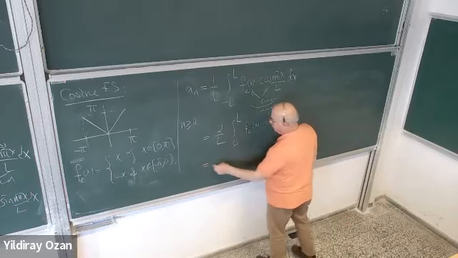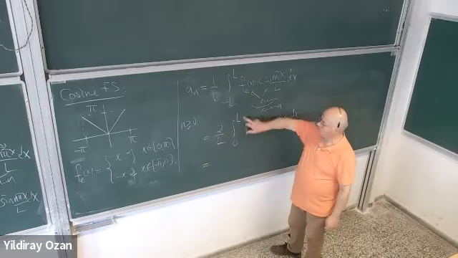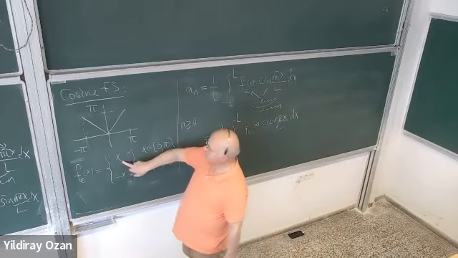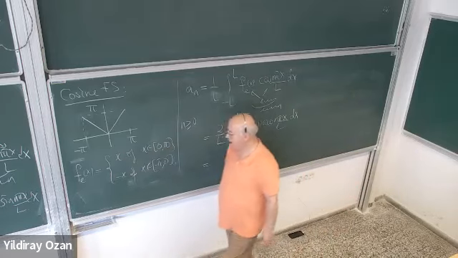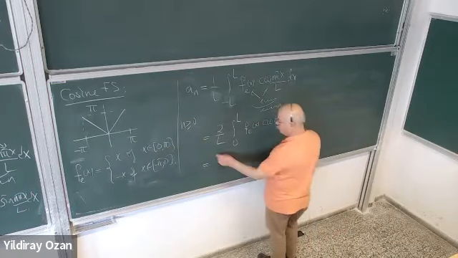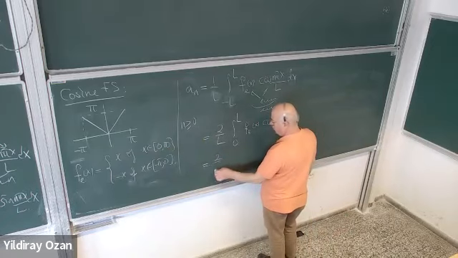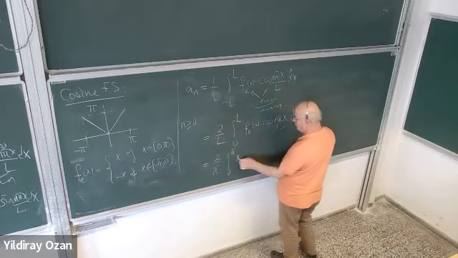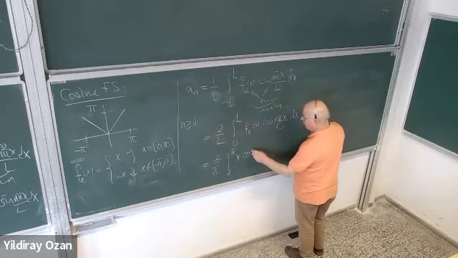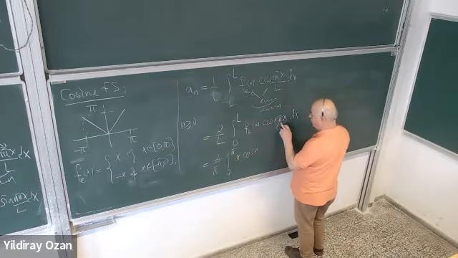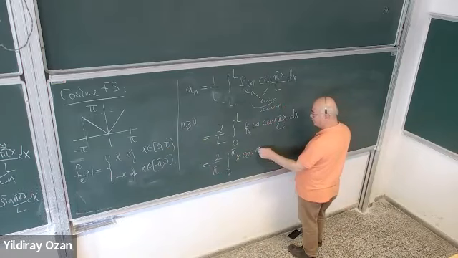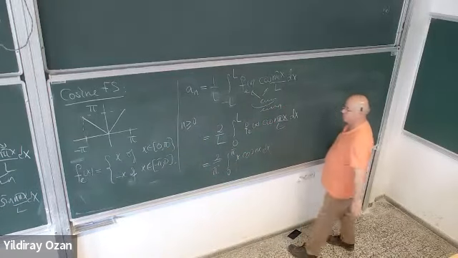On the positive x-axis the even extension is just the original f, which is x. So this is just 2 over pi, integral 0 to pi of x cosine n pi x over L. But L is pi, so this is cancelled, and I have just this.